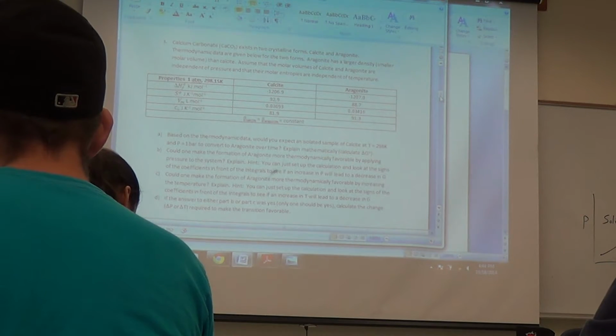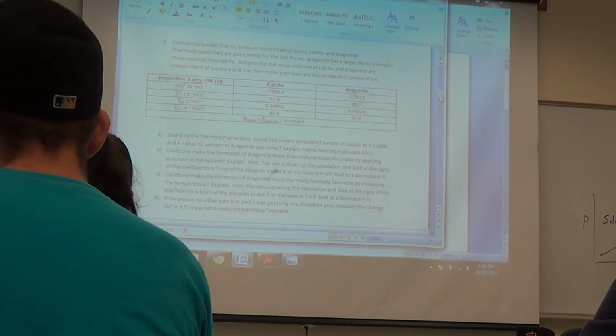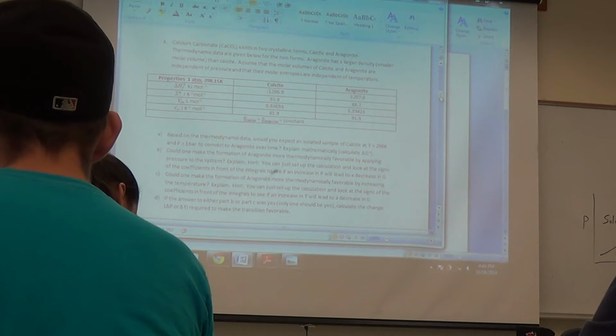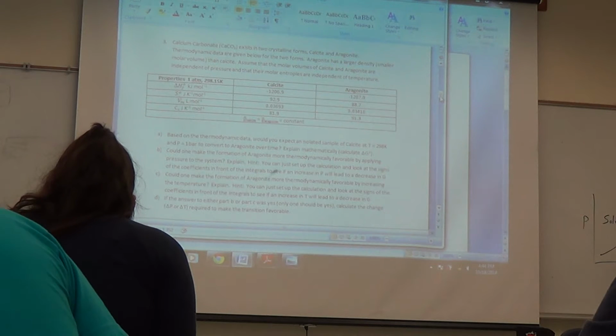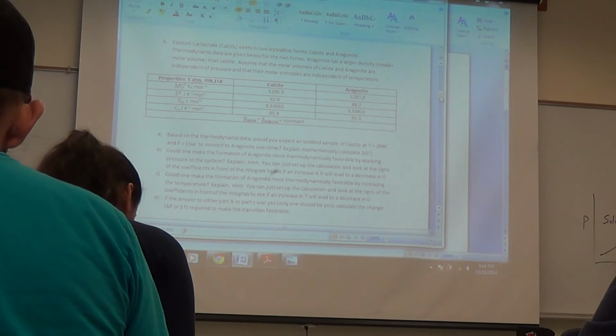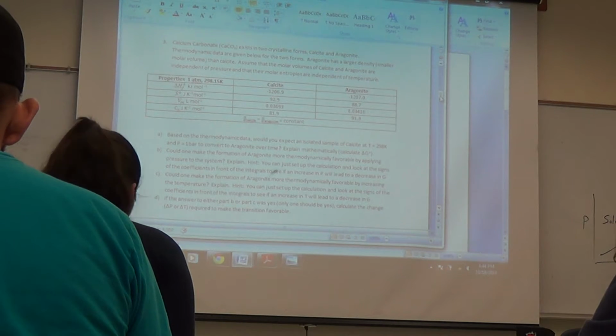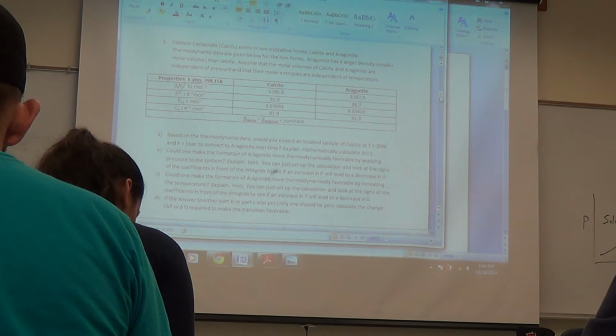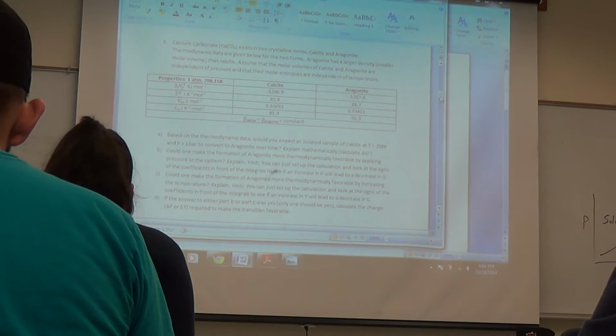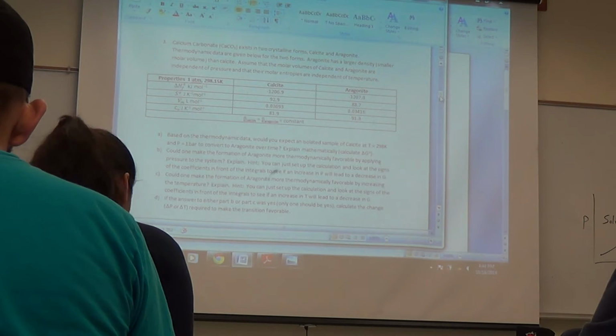Yeah? G of aragonite is going to be G of T1 of aragonite plus the integral of the molar volume of aragonite dP. And you'll subtract from that G of calcite, which is G of T1 of calcite plus the integral of the molar volume of calcite dP. Right?